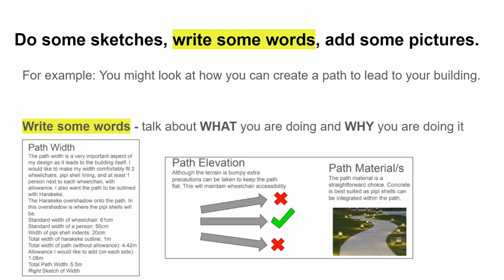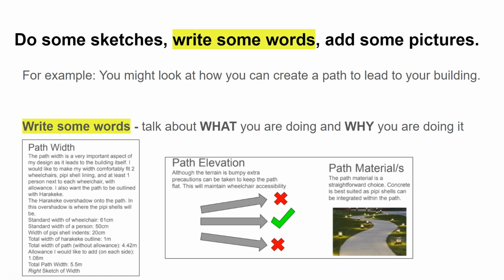Then there's the write some words bits. So you're going to write some words talking about what you are doing and why you are doing it. If it's the what you are doing bit, you're saying you're widening the path or improving the shape of the path. And as you can see on that left-hand side, they've got a lot of explanation, explaining the decisions they're making in relation both to the functionality but also how it looks.